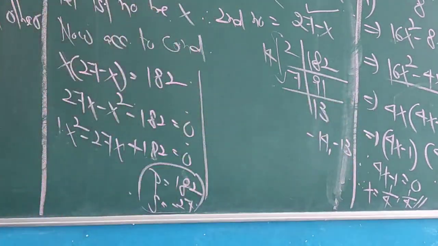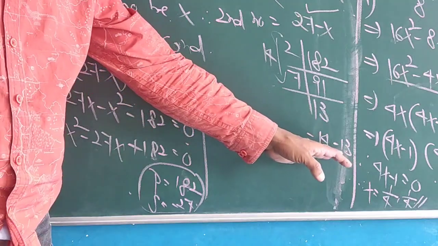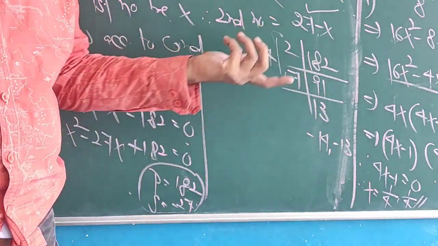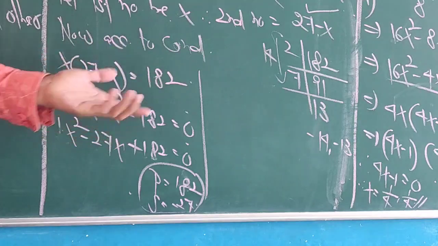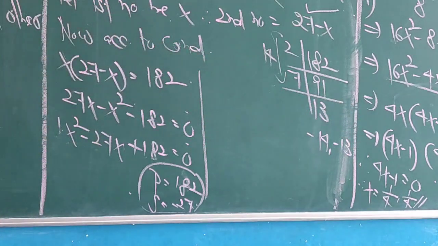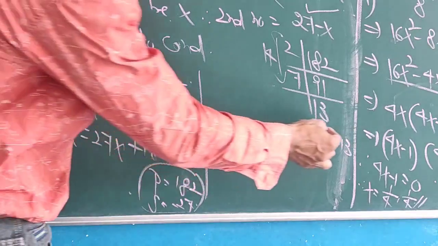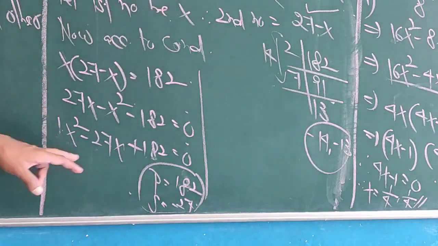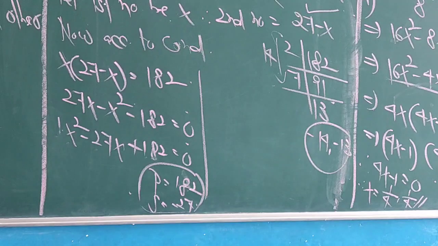When we multiply minus 14 with minus 13, it is equal to 182, because 14 and 13 are factors of 182. And when adding minus 14 and minus 13, it will be equal to minus 27. So we can say that minus 14 and minus 13 are suitable factors of this quadratic equation.